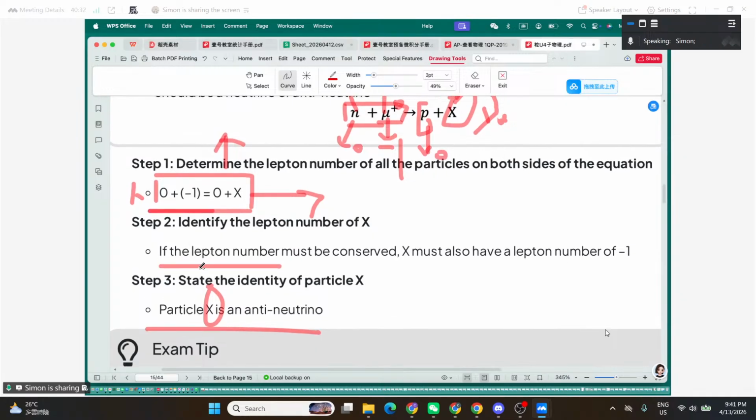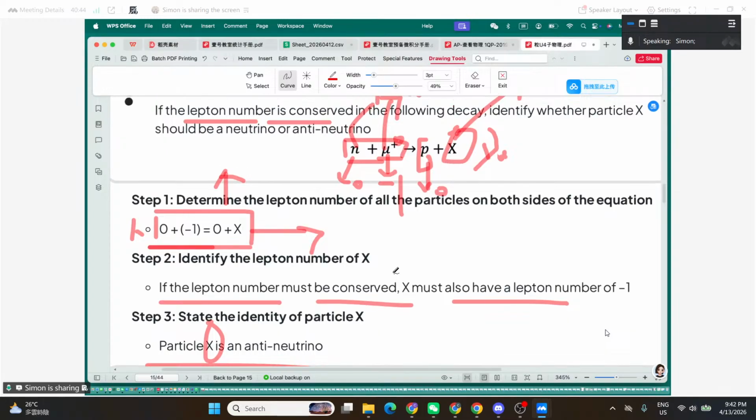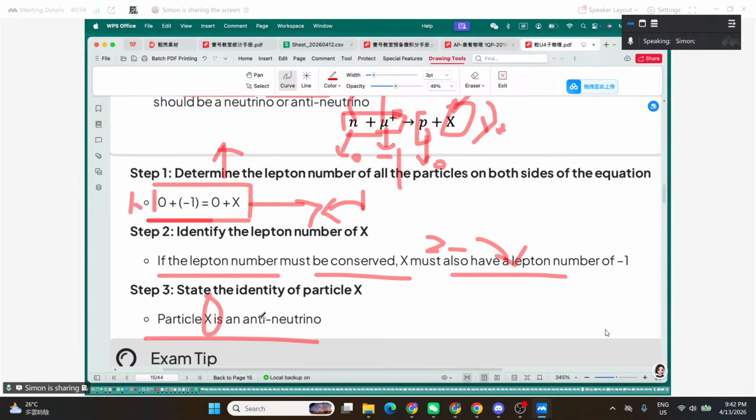If the lepton number must be conserved, X must also have lepton number of -1. So the question must have 3 marks. The first mark goes for the equation, the second mark goes to the explanation, and the third mark goes to the conclusion.